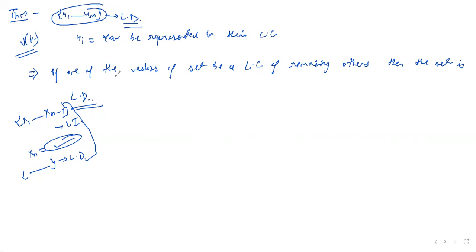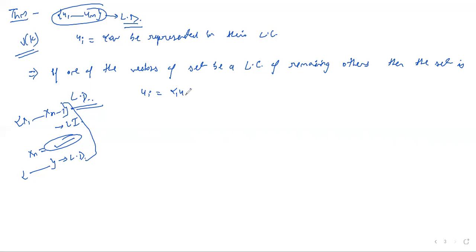And if one of the vectors of a set is a linear combination of the remaining others, then the set is linearly dependent. How do we say that this is linearly dependent? Because let's say I have the vector ui which can be represented as a linear combination of the remaining vectors.